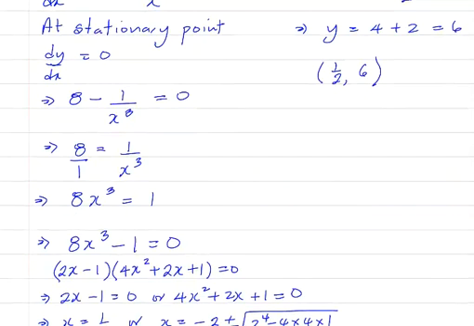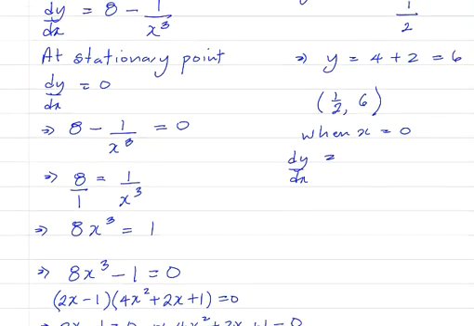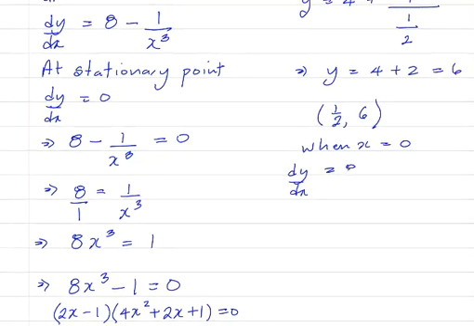Let's find the derivative before and after x is equal to a half. I could say when x is equal to 0, dy by dx would be equal to 8 minus 1 over 0 cubed.